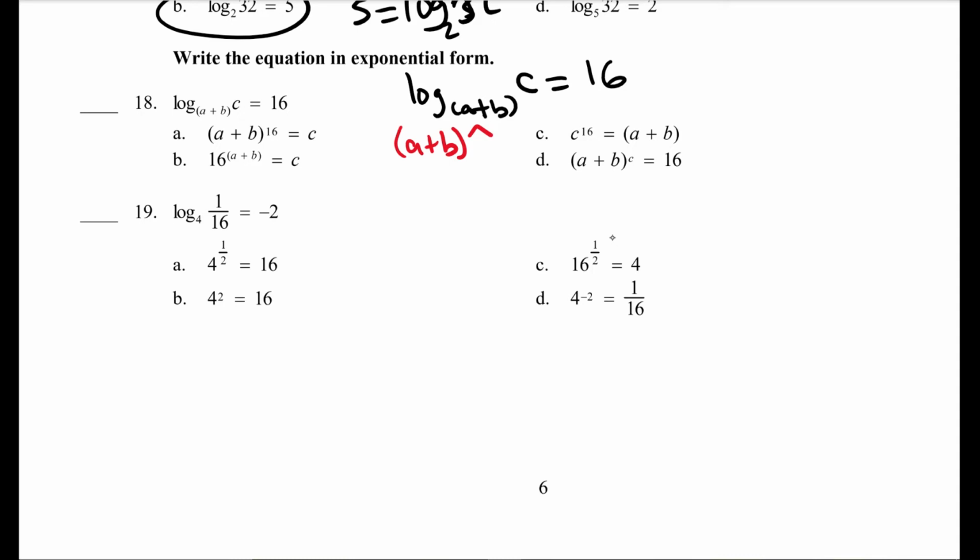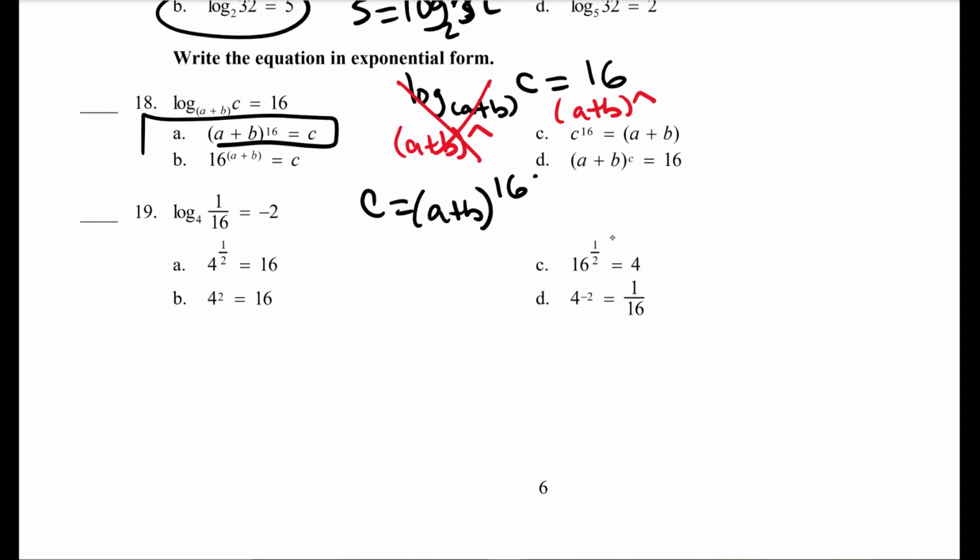So we're going to do a plus b raised to both sides power. That's the only way to get rid of the log. So now this cancels, leaving me with c equals a plus b raised to the 16 power, which looks like d. Or not d, I'm sorry, c. Or c equals that, so a.